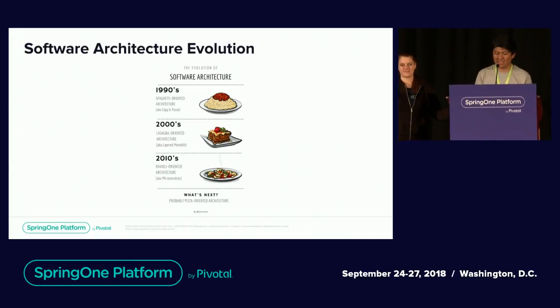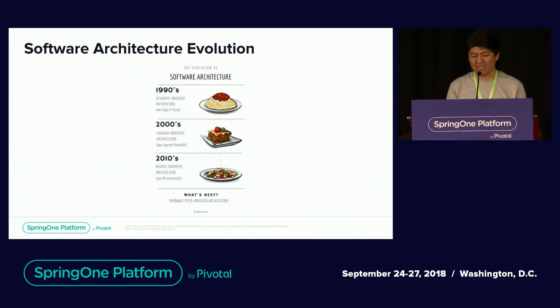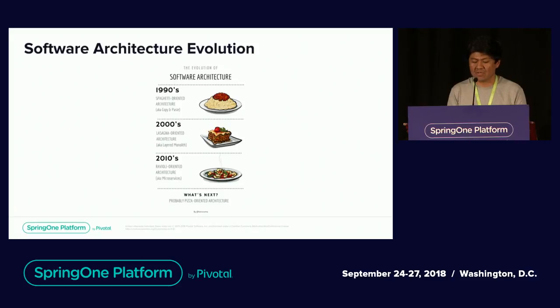So first we had the spaghetti-oriented architecture, which had a lack of structure in the application. Basically, developers at the time used to copy and paste code from other pieces of applications. That's what we called reuse code at the time, right?